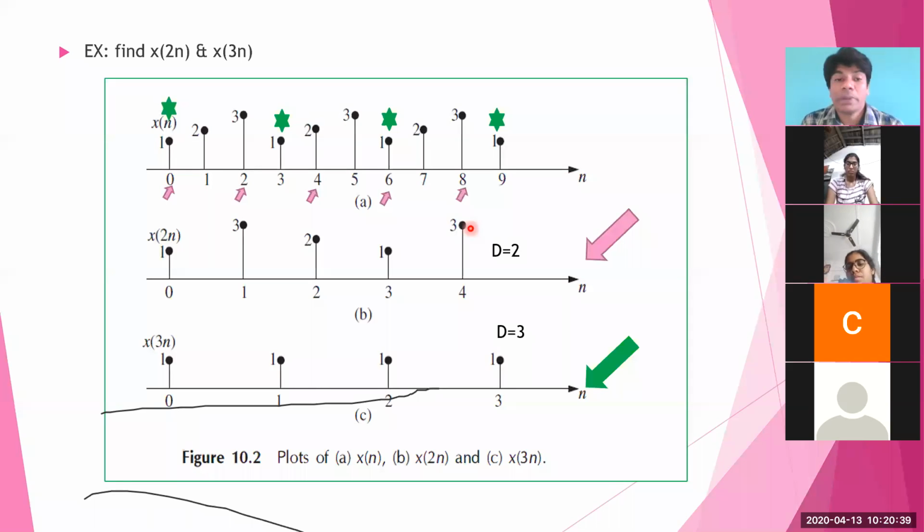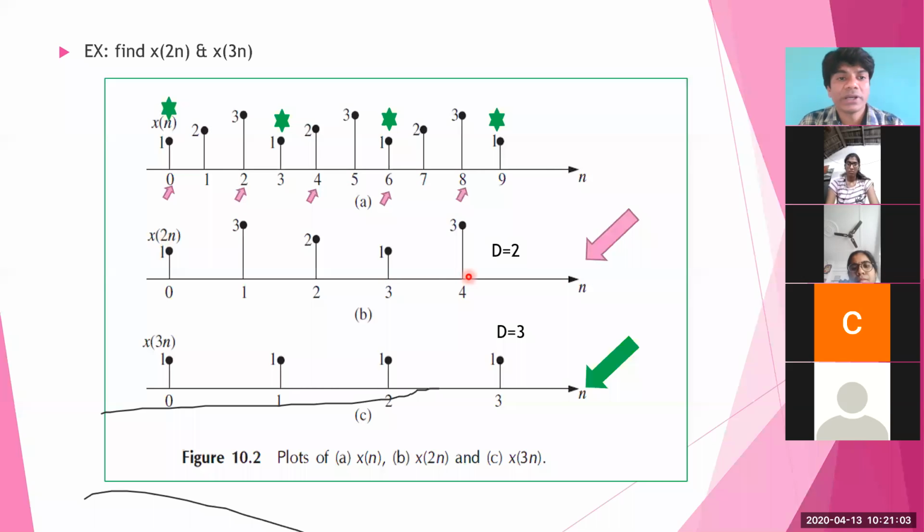So in the time domain, decimation can be described in a couple of ways. First, you retain every dth sample, that means the multiples of d. Here, that means 0, 2, 4, 6, 8, the multiples of 2 are the samples which I have retained.